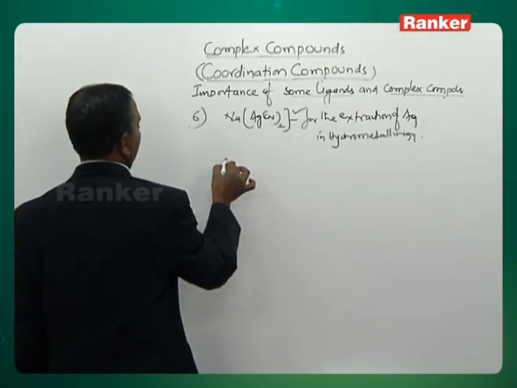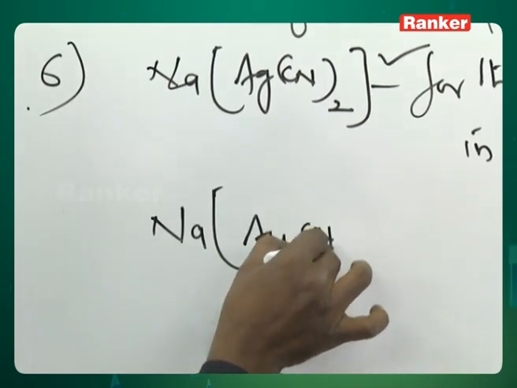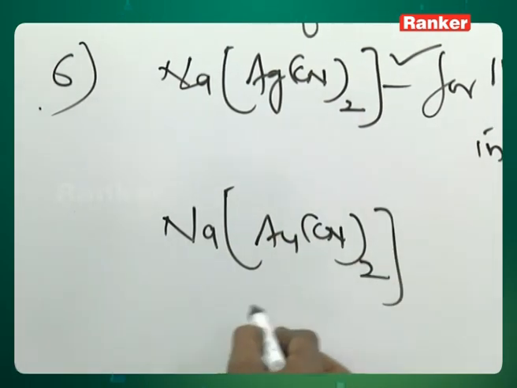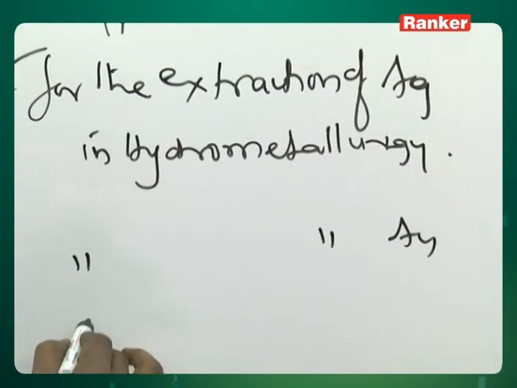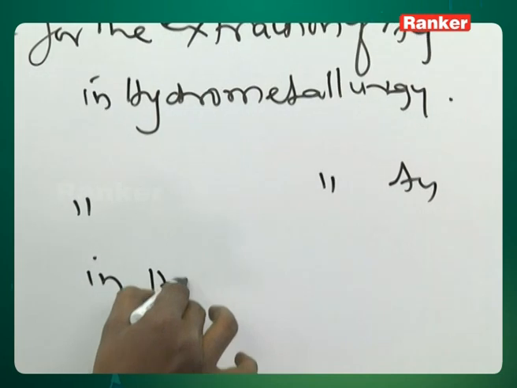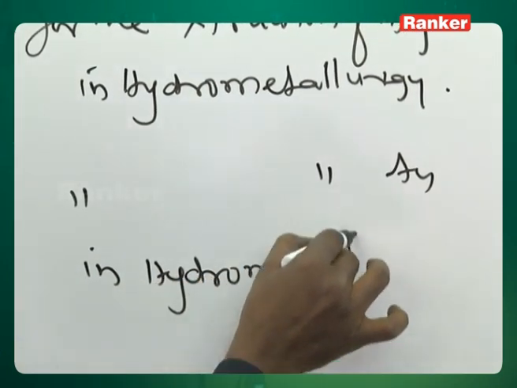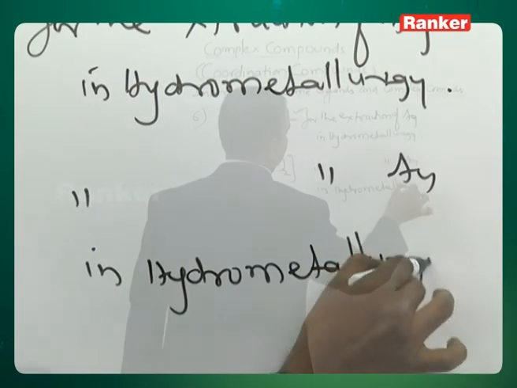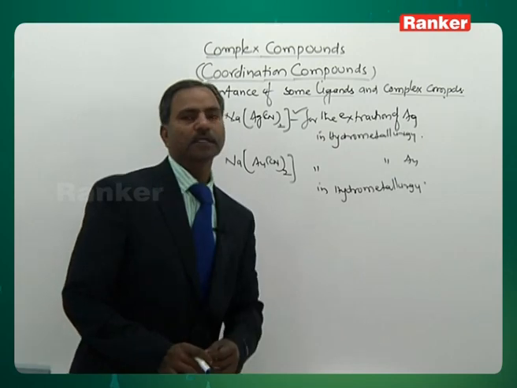Similarly, for the extraction of gold, the same type of cyanide complex is used. In hydrometallurgy, for the extraction of silver and gold, these are the complexes we use.